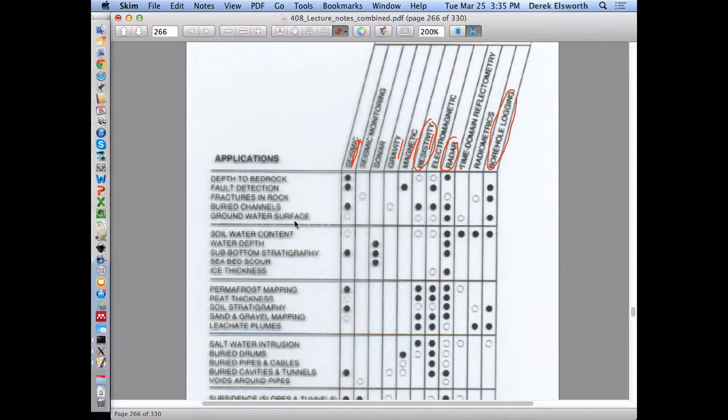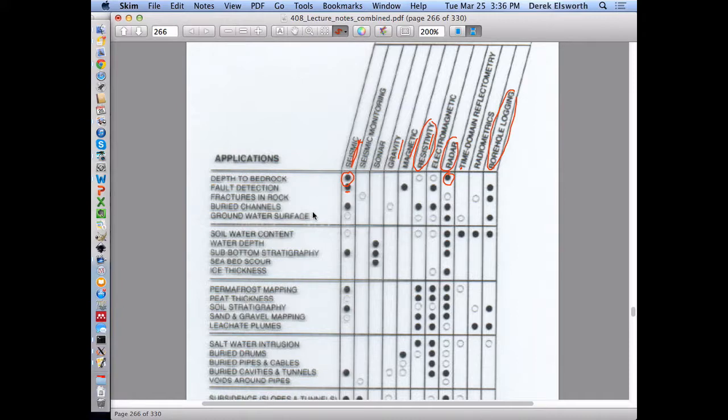So the kinds of things that you might want to be able to use them to figure out: where does soil go into rock? Yeah, seismic for sure. Radar for sure. Resistivity methods, yeah, probably, but the signal between soil, resistivity contrast isn't large. And so picking up features like faults, certainly seismic would work well. I don't know why magnetic would.